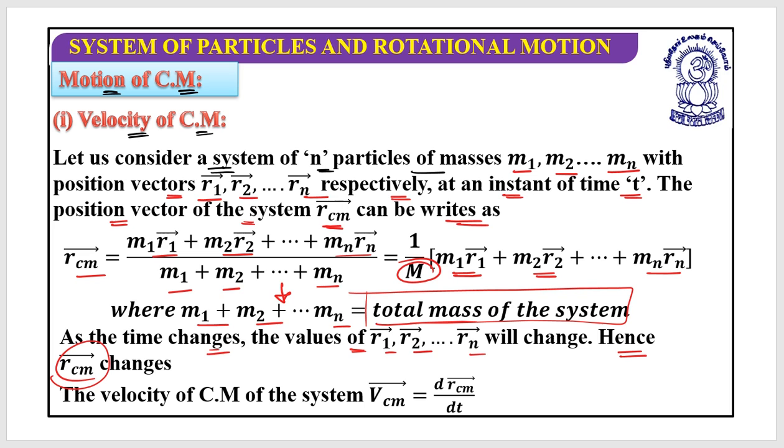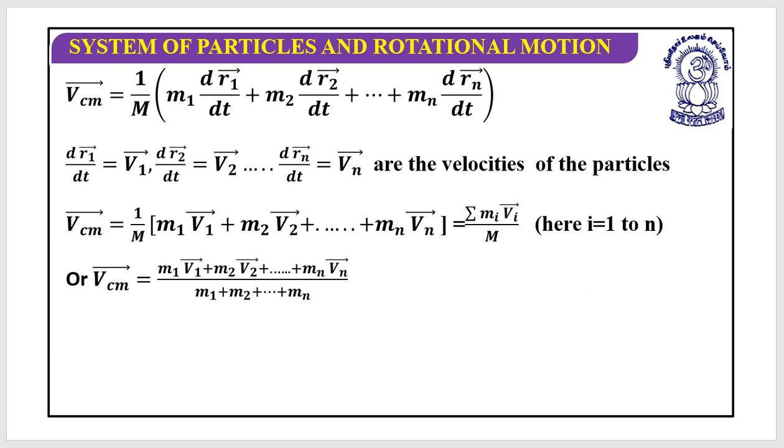It means that the velocity of center of mass of the system changes, and that could be written as vcm = d/dt, the differentiation of the position vector RCM with respect to time. This will give me the velocity of center of mass. So vcm = 1/M times (m1 d/dt of r1 + m2 d/dt of r2 + ... + mn d/dt of rn). Here d/dt of r1 is v1, d/dt of r2 is v2, and d/dt of rn is vn.